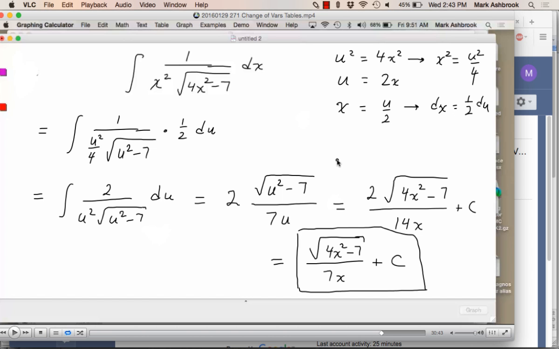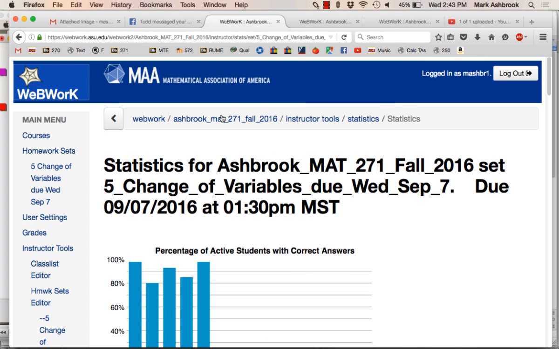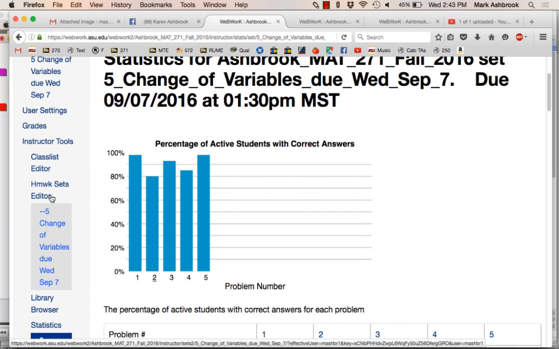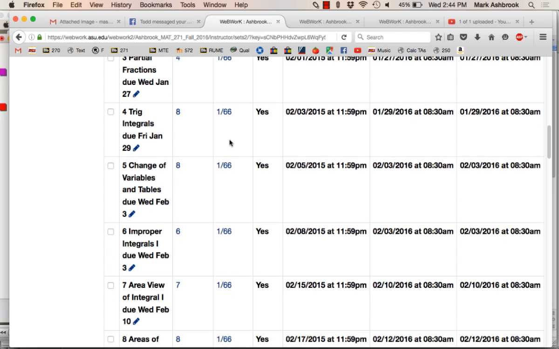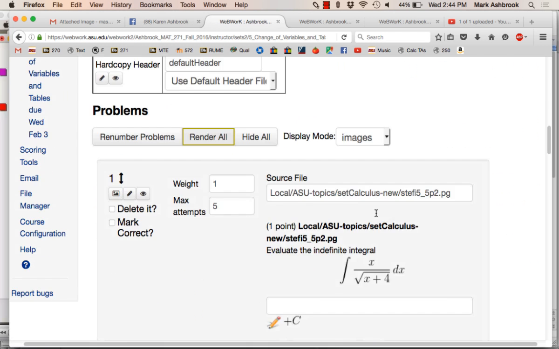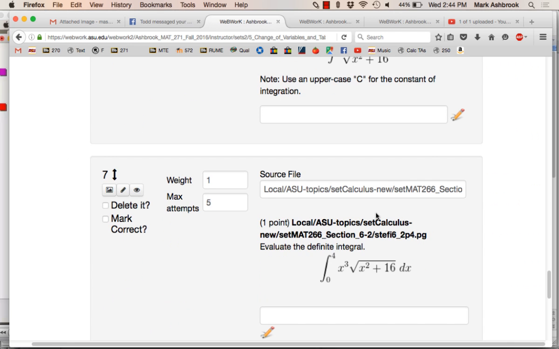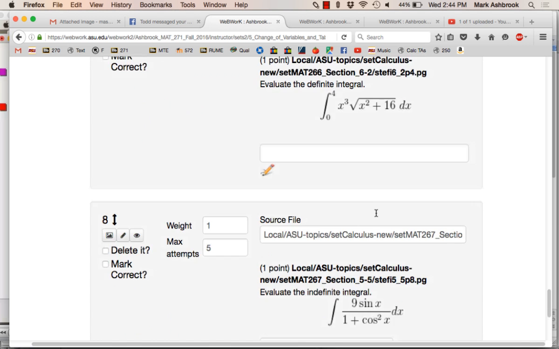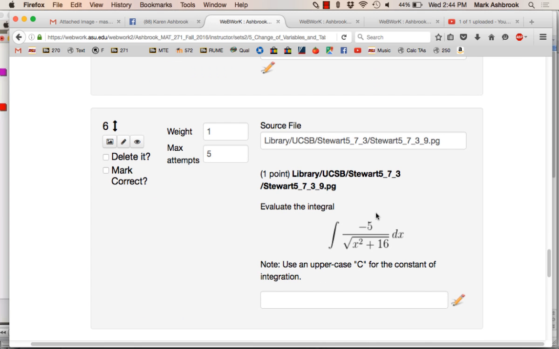Let's look for one more example in the web work. The ones we did. How about this one?